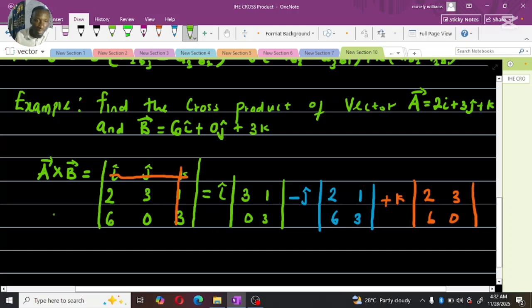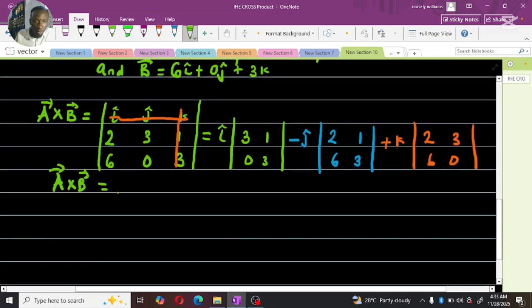Now we know what to do next, right? So A cross B will be equal to, we have I into, we multiply this, 3 times 3, that will give us 9, minus 1 times 0 is 0, minus J, 2 times 3, that is 6, minus 6 times 1, that is also 6, right?